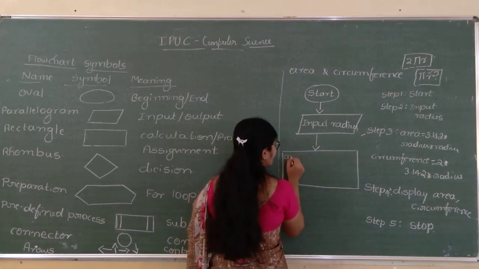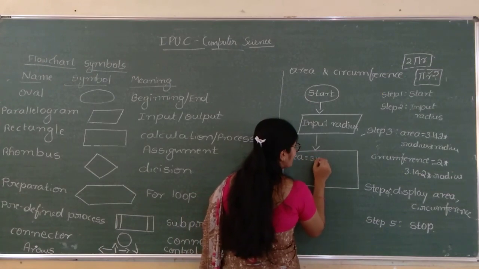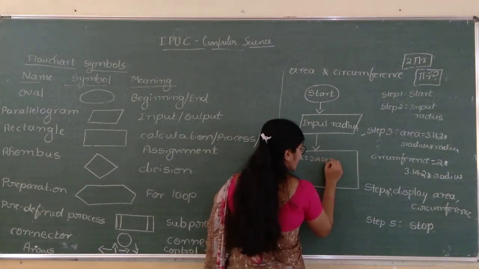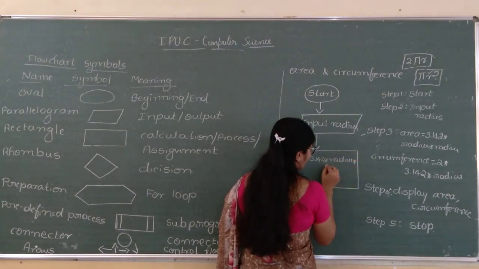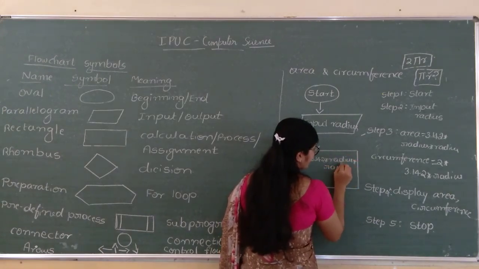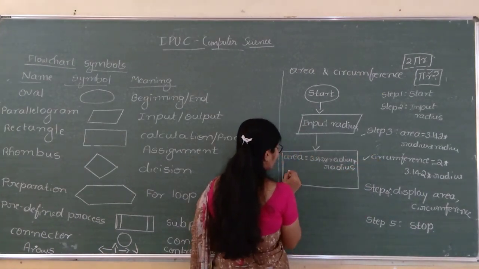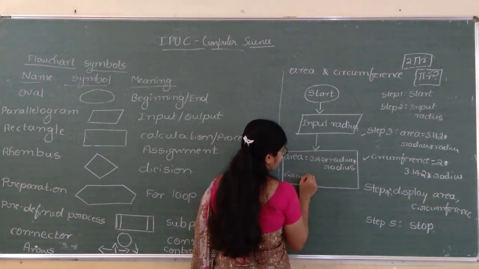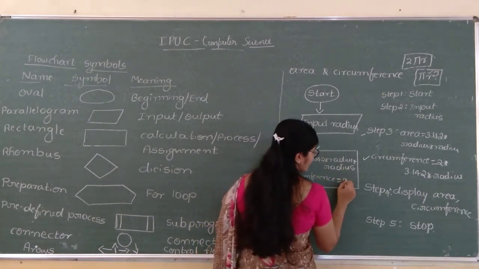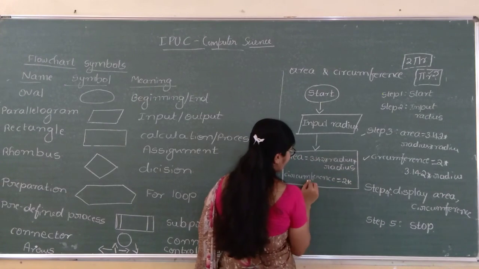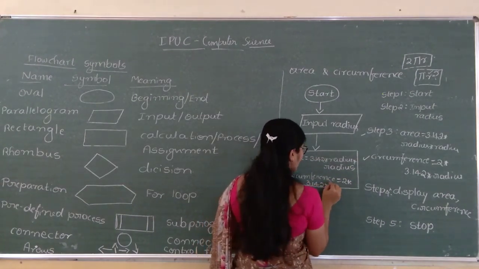Area is equal to 3.142 into radius into radius. Next, circumference is equal to 2 into 3.142 into radius.